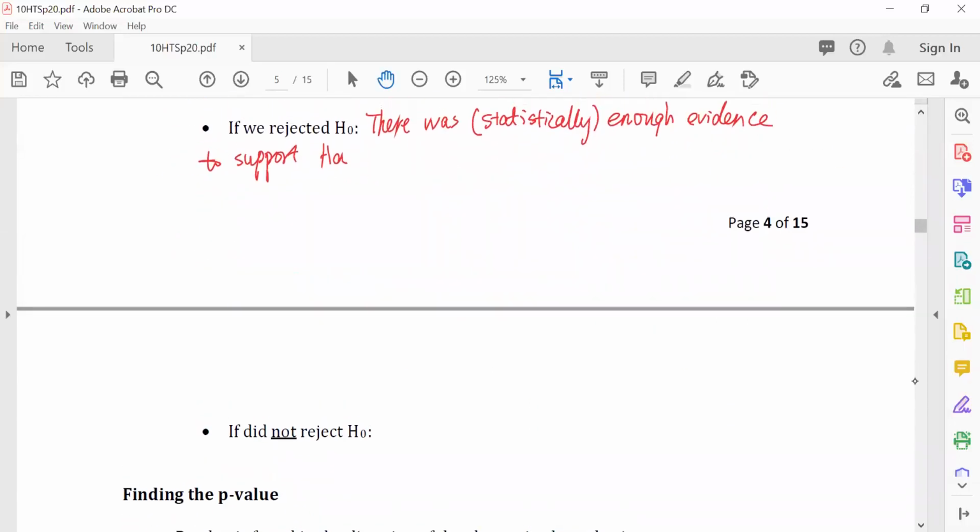When do we not reject H null? That is when our p-value is greater than alpha. So when our p-value is greater than alpha, we do not reject H null.